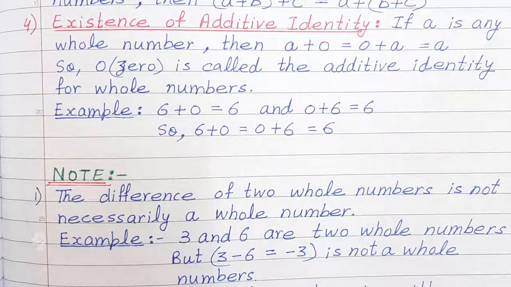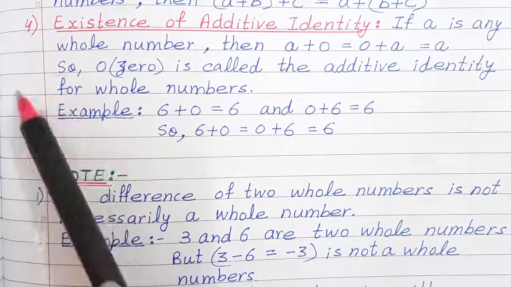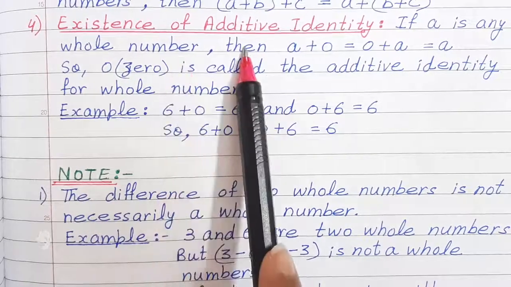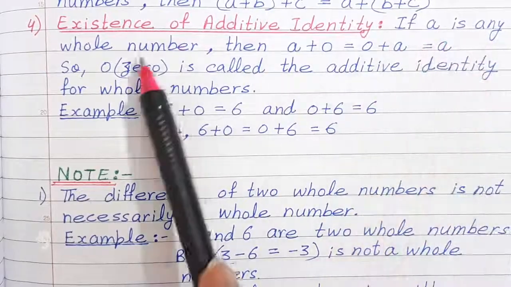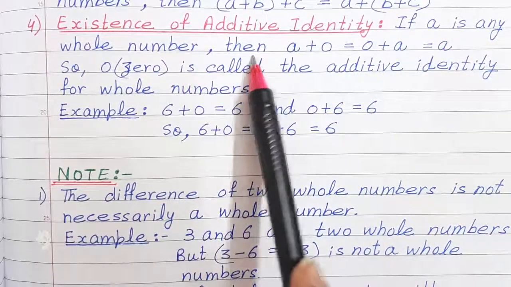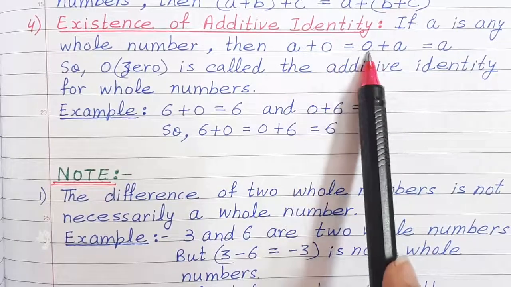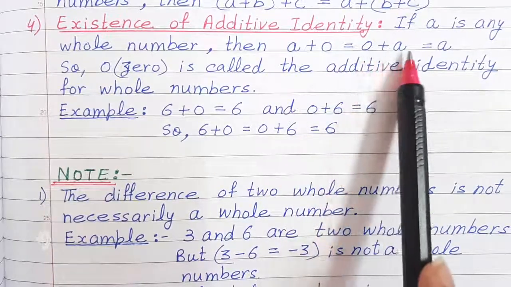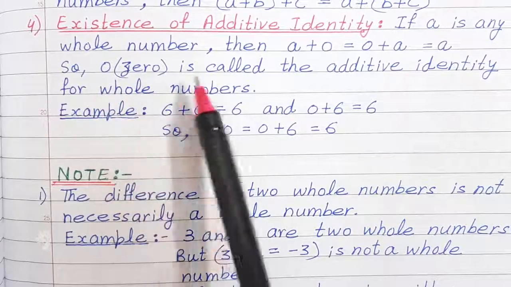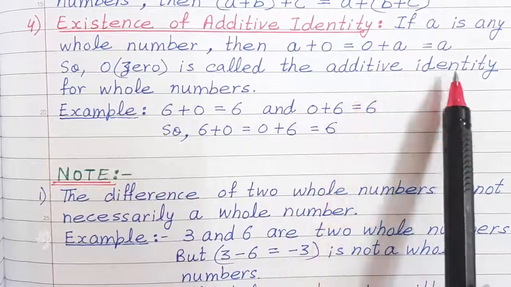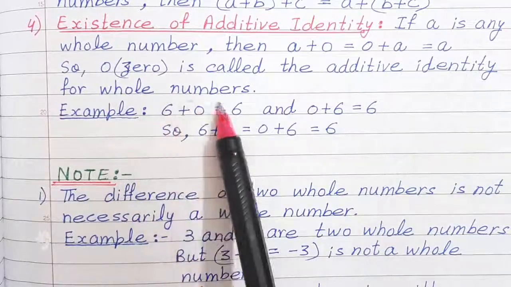Now the next property is existence of additive identity. If A is any whole number, then A plus 0 is equal to 0 plus A. Here 0 is called the additive identity for whole numbers.